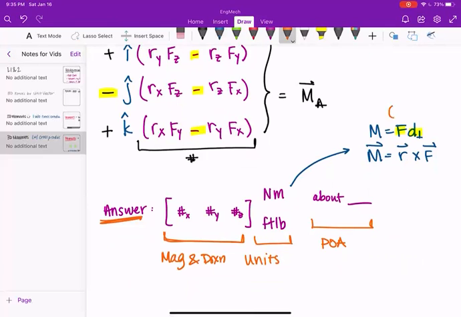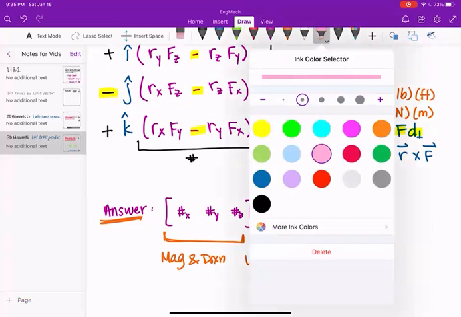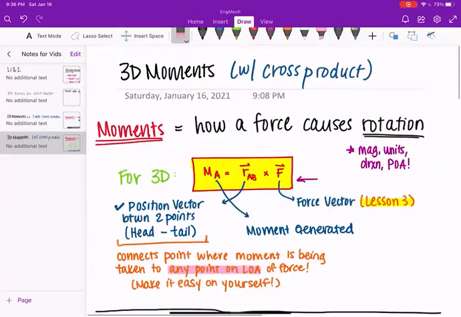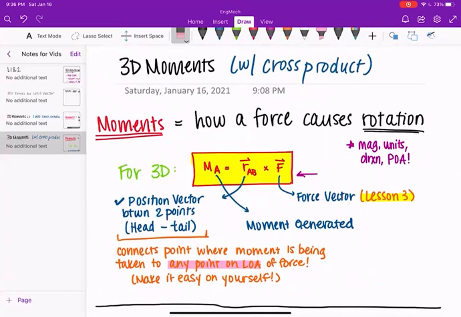What are the units for force? What are the units for distance? By multiplying the components, you're multiplying the units as well. So that's how you can find the units without necessarily memorizing them, or verify it if you have any doubts. But again, that is essentially the summary of the 3D moments lesson.